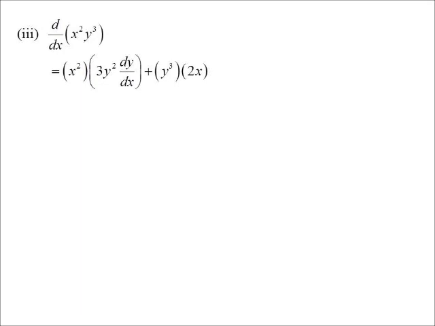So it becomes 3y squared, and I'll multiply that by dy dx. Plus, write down the second, y cubed, that's fine. Diff the first, differentiate x squared, we get 2x. So our derivative tidies up to be, a lovely expression there, 3x squared y squared dy dx plus 2xy cubed.